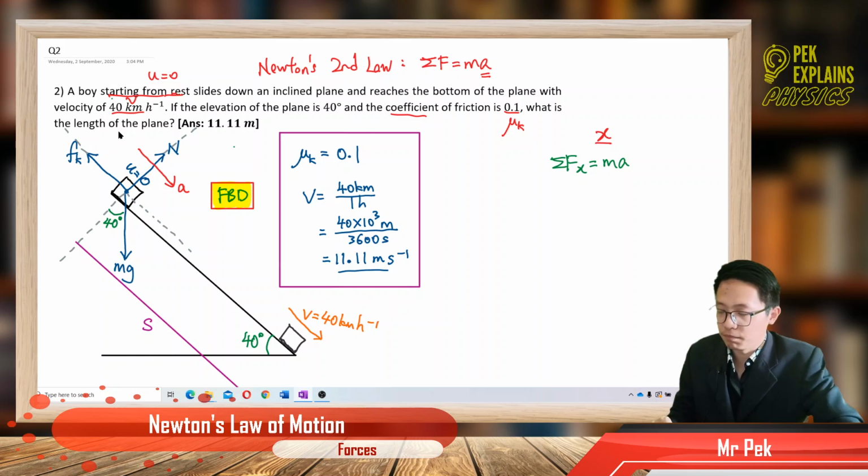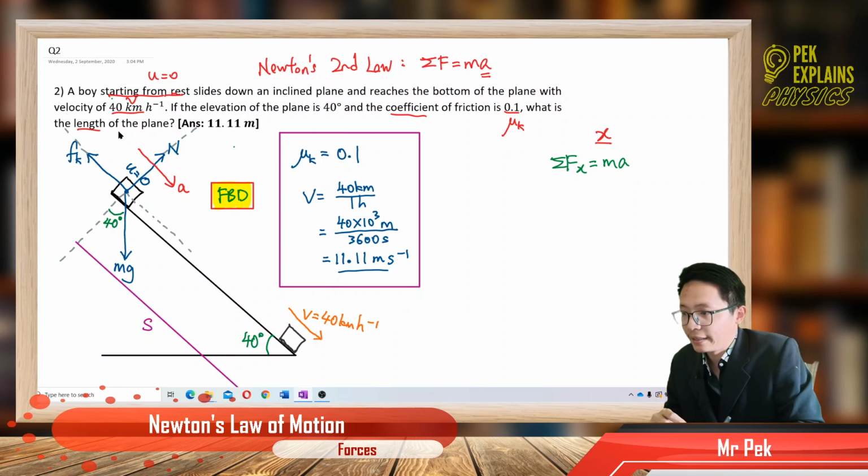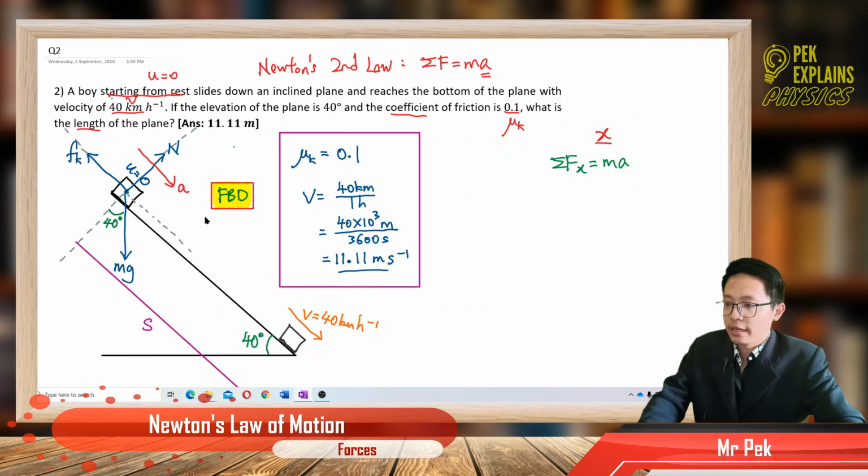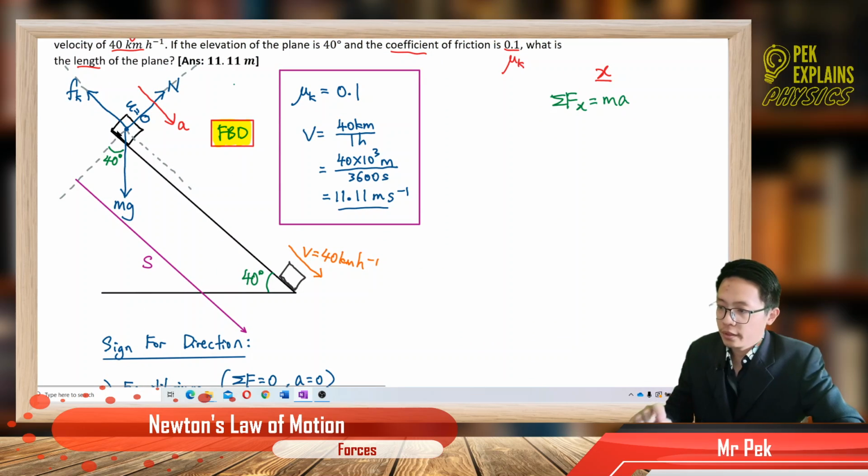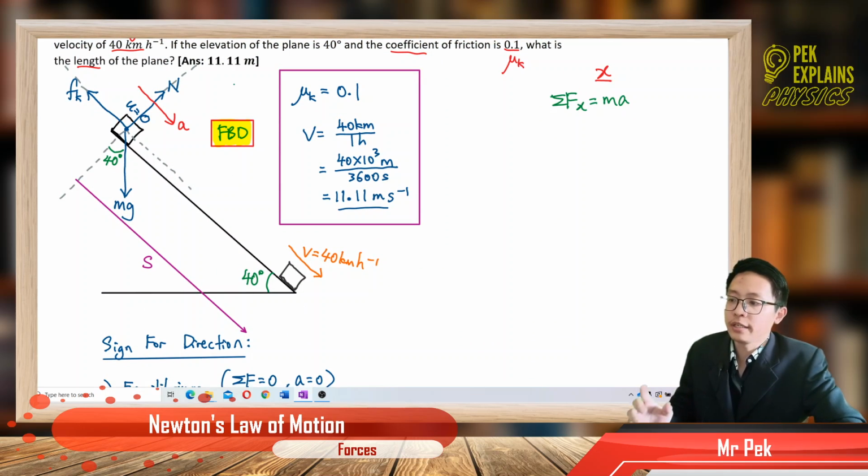What is the length of the plane? It asks for the length. If we look closely, the length of the plane is actually the displacement of the boy. If we get the displacement, we get the length of the plane, isn't it? So we need to find the displacement of the boy.